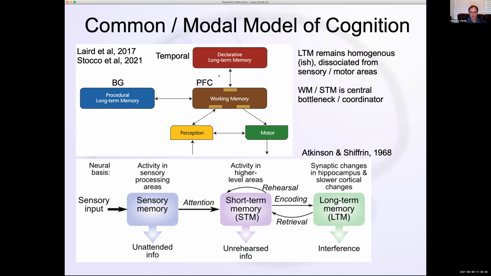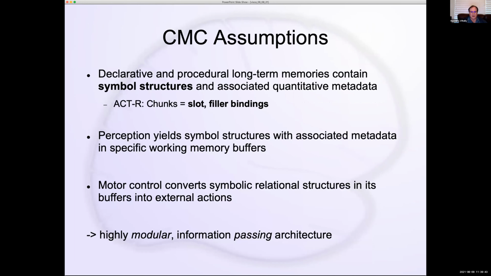I think there's a lot of interesting potential discussion about what declarative memory looks like, and its relationship to perception and motor, and that's where I'm going to go here. Okay, so just to pull out some of the other key things from that common model. This is from the paper from 2017 from John Laird et al.